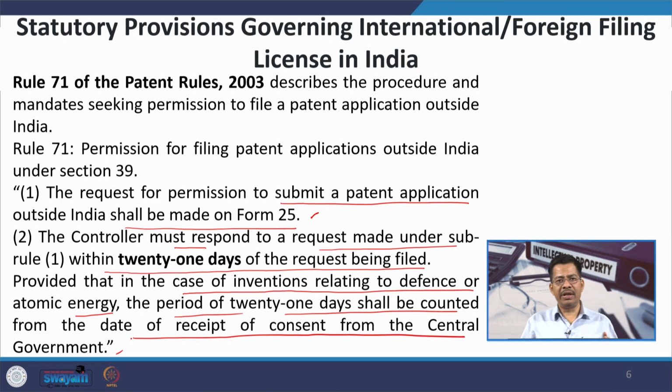So, first the consent from the central government will come in case of national security or atomic energy kinds of inventions, and if consent comes from those government authorities, then the permission will be given by the controller office, and the period of 21 days will start from the date of this consent being received. In fact, there is no timeline available for the consent coming from the central government office, so it may take enough time also.